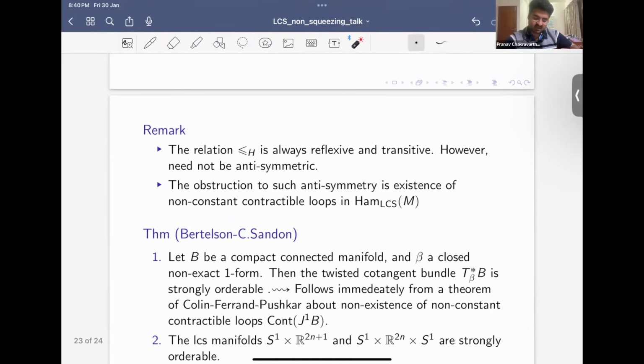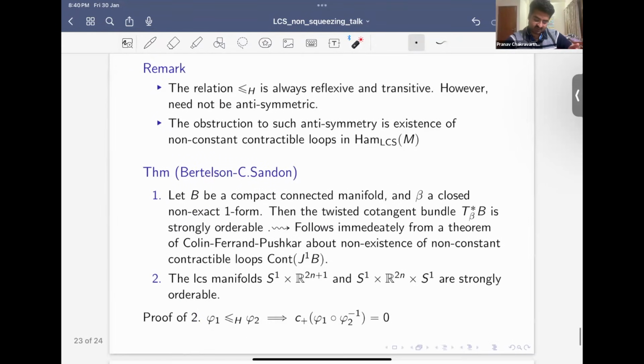The obstruction to antisymmetry comes from the existence of non-constant contractible loops in your automorphism group. However, for the manifolds S1 times R2n and S1 times R2n times S1, because of these spectral selectors, one can show that these two manifolds are in fact orderable.